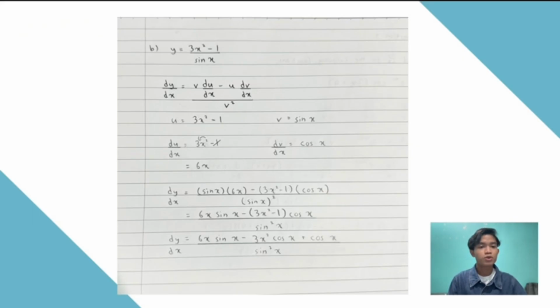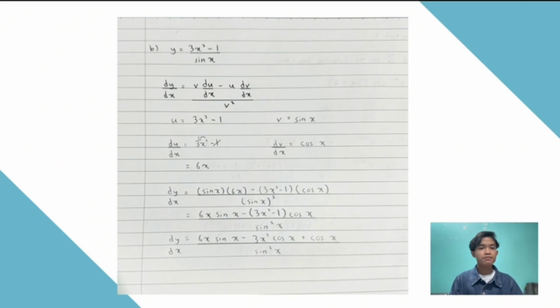The quotient rule formula is dy over dx equals v du over dx minus u dv over dx, divided by v power of 2. First I let u equal 3x power of 2 minus 1, and v equal sine x.